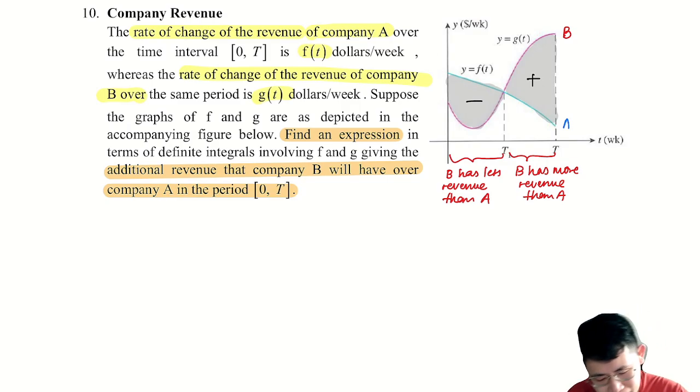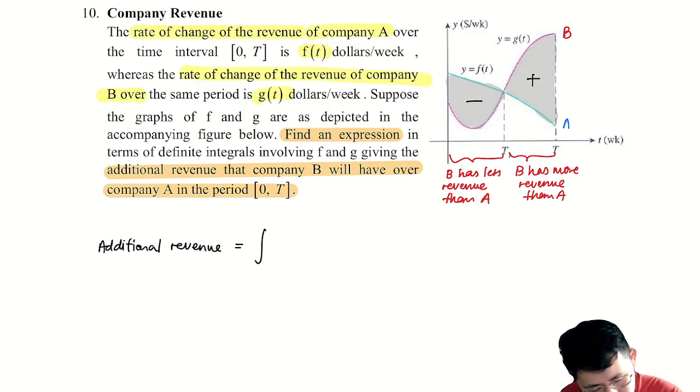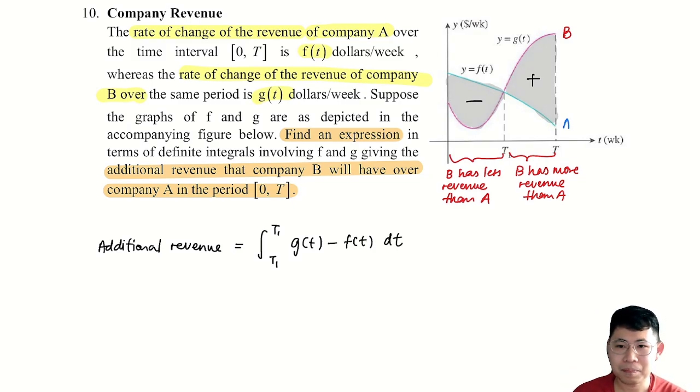So what would the additional revenue be? Now let us settle this positive part first. For the positive part, I'm going to integrate from T1 to T of the curve for B minus the curve for A.